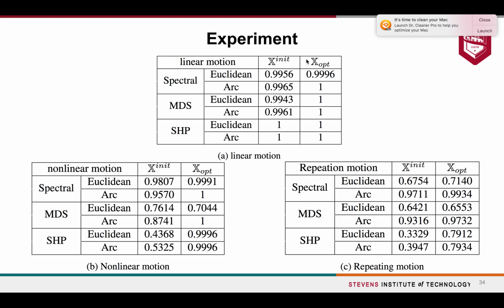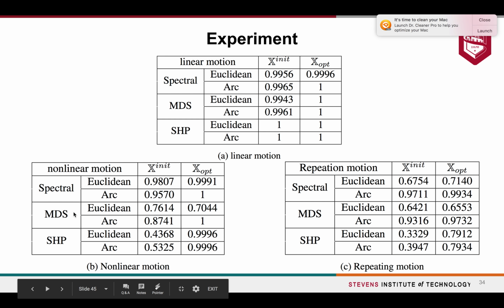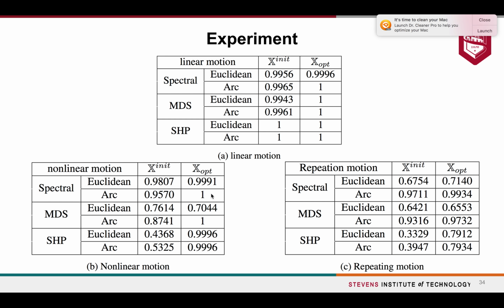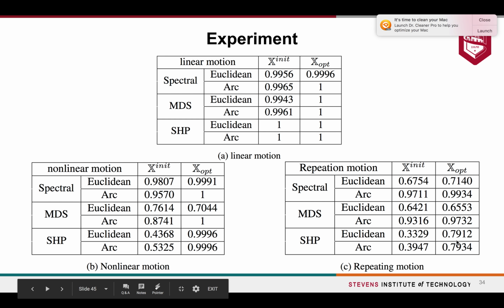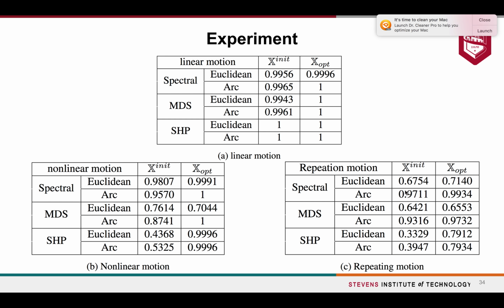And for our method, X ultimate is better than X initial, which is the initial X based on the triangulation method, while ours is the structure after optimization. For nonlinear motion, you can see only spectral and MDS using arc distance compute the perfect ordering. And when there is a repeating motion, most of the methods fail to compute a good ordering. Only spectral and MDS using arc distance have a pretty good ordering.